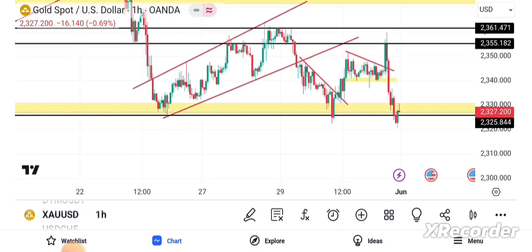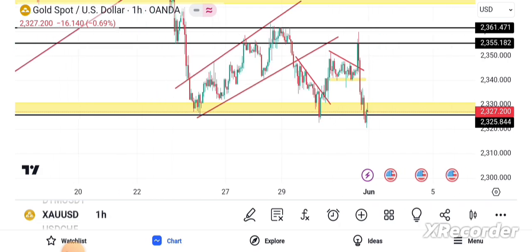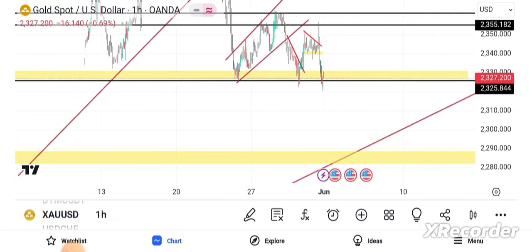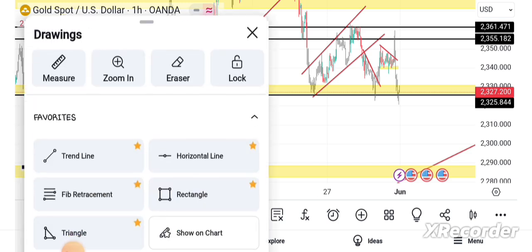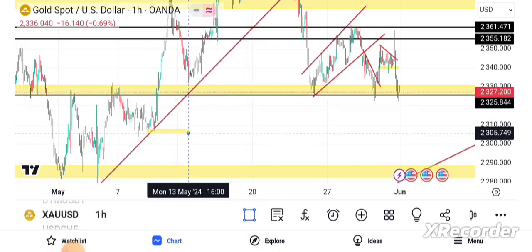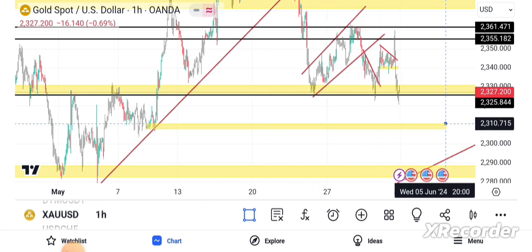So next, what we'll be looking at is what price will do next. We should be expecting that if price breaks out of this zone, then we should see a drop. Then our first take profit point will be here. That's where we'll be looking.